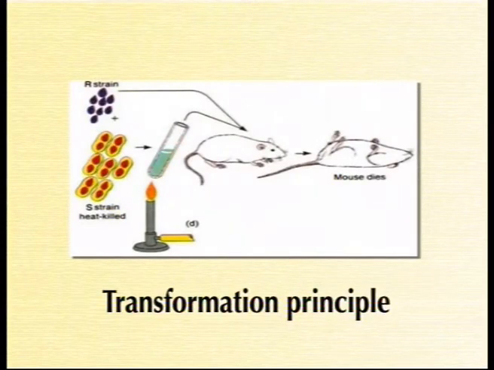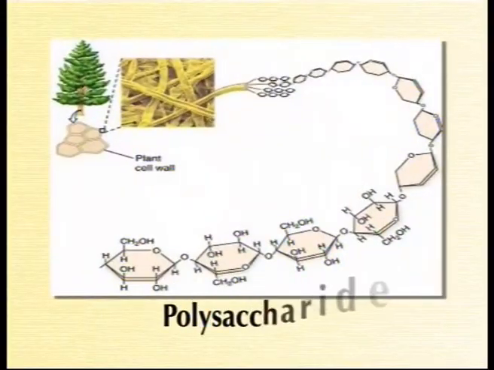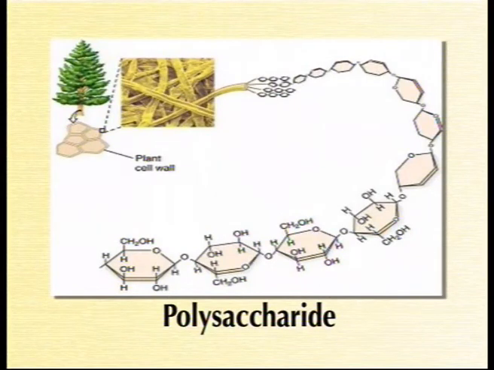Indeed, an important finding. Griffith used two strains of this bacterium that are distinguishable by the appearance of their colonies when grown in laboratory cultures. One strain is the normal virulent type, in which the cells are enclosed in a polysaccharide capsule, giving the colonies a smooth appearance. Hence, this strain is labeled S for smooth.